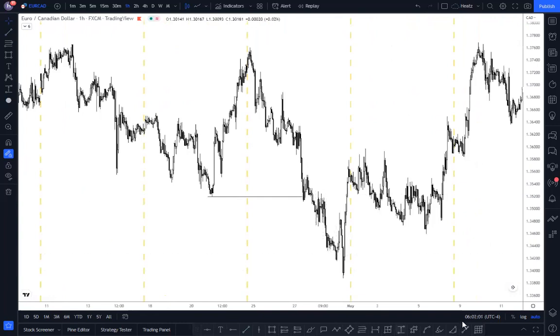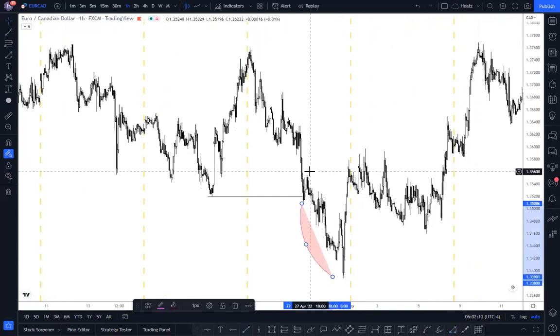From this structure that was created to this point here is what we call the range structure, and these are the internal structures that were created. So with the logic of internal mitigation, you could tell that this was the last point that price mitigated this zone here.